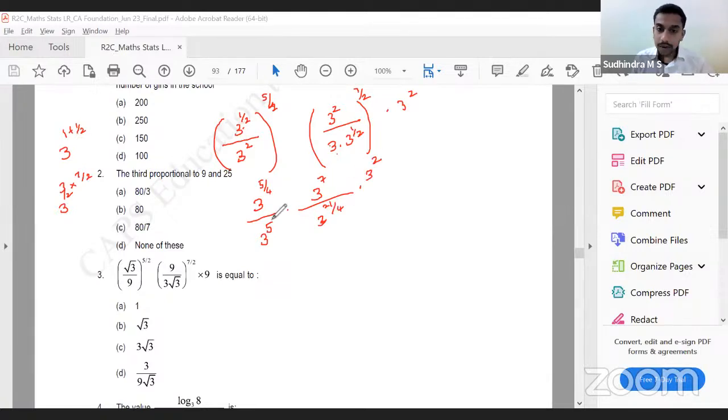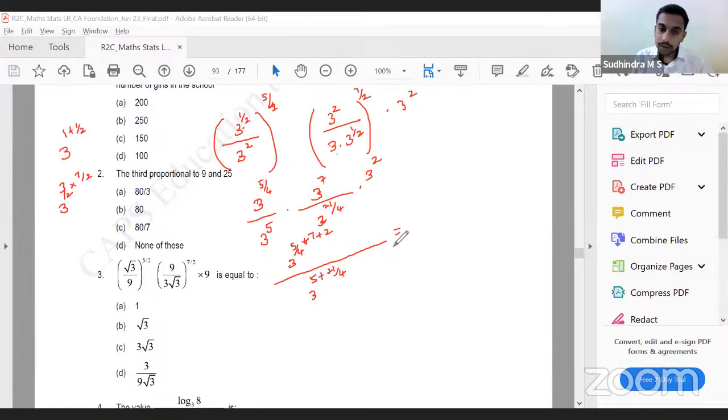So here it is simple. This is the a power m into a power n equals a power m plus n concept. In the numerator, 3 to the power of 5 by 4 plus 7 plus 2. Same way in the denominator, 3 to the power of 5 plus 21 by 4.